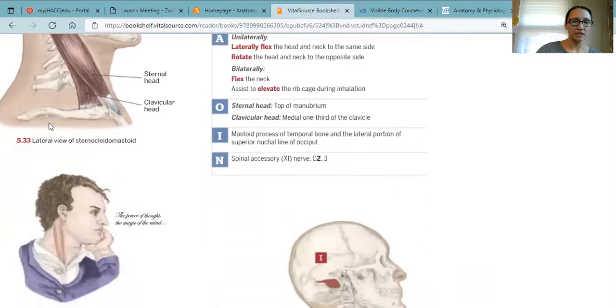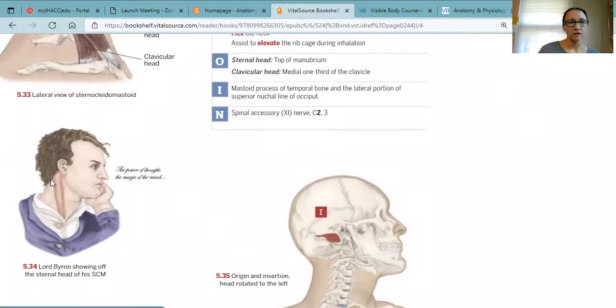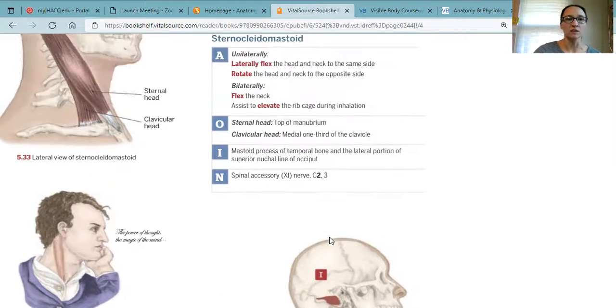And you can kind of see this when you take a look at the attachments here and here. The attachment of trapezius goes all the way across the nuchal line and then becomes continuous with the attachment of SCM. So it makes one continuous line across the back of the head and base of the skull here.